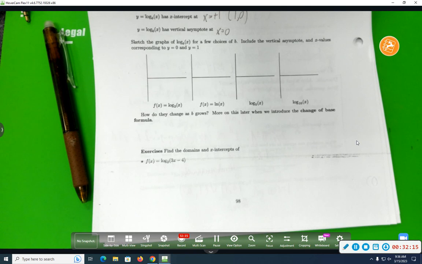How do you find the x-intercept of any function? Plug in y equals 0 and see what happens. So let's set this thing equal to 0, and then we need to solve for x.